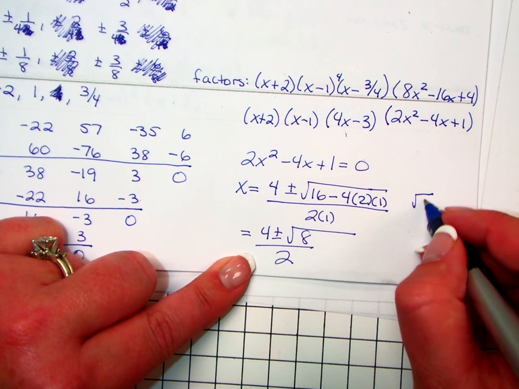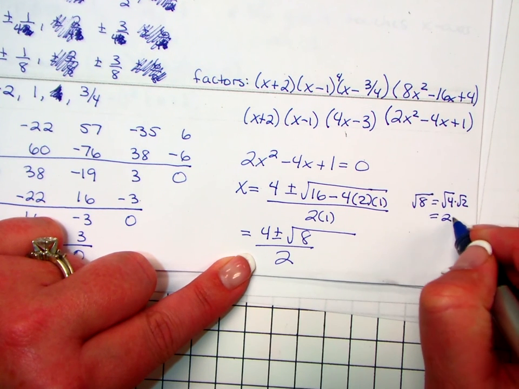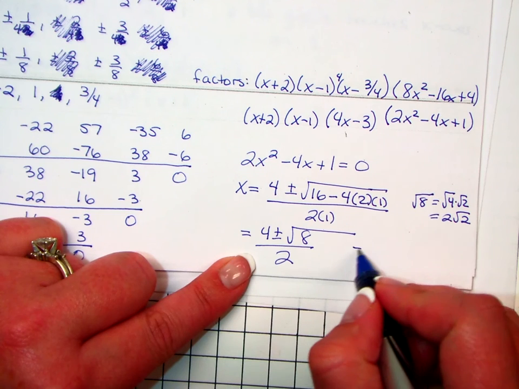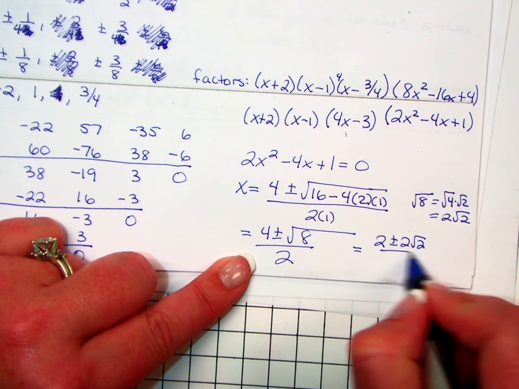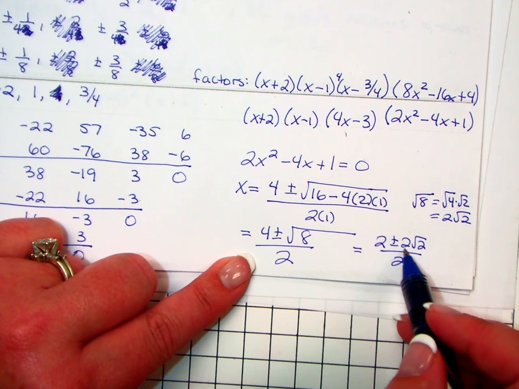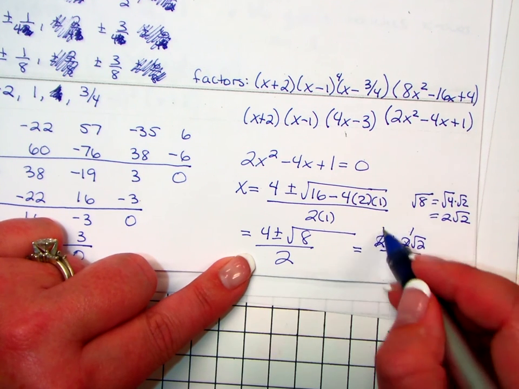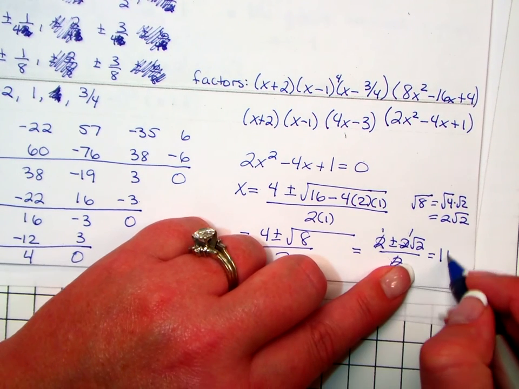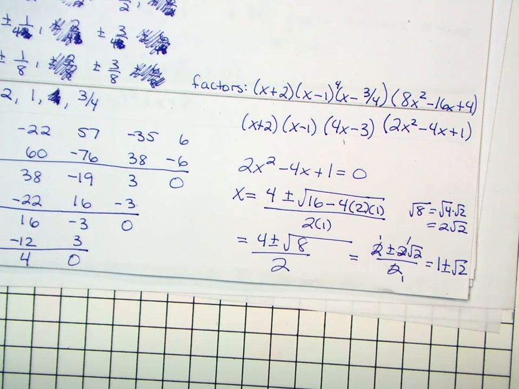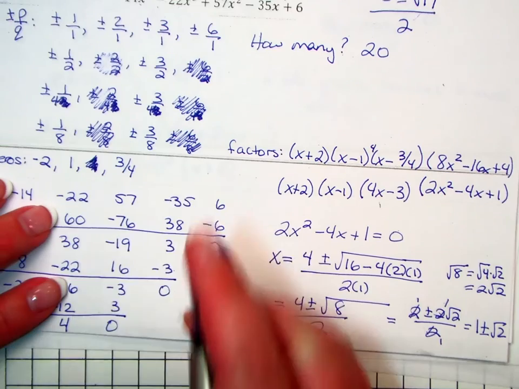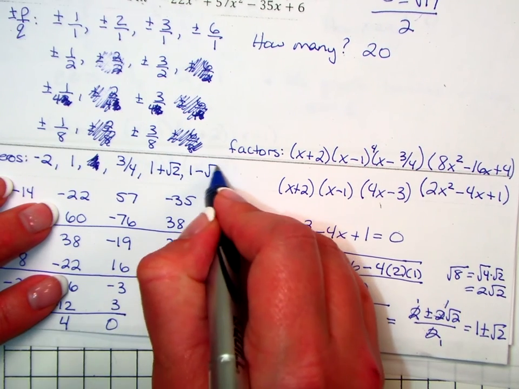So if you remember, the square root of 8 is the square root of 4 times the square root of 2, or 2 rad 2. Okay, so I'm going to get 2 plus or minus 2 rad 2 over 2. Alright, so only the 2's on the outside get to reduce. Okay, they're all going to reduce to 1. And so I get 1 plus or minus 1 rad 2. Right, here's my other 2 zeros. So 1 plus rad 2 and 1 minus rad 2.